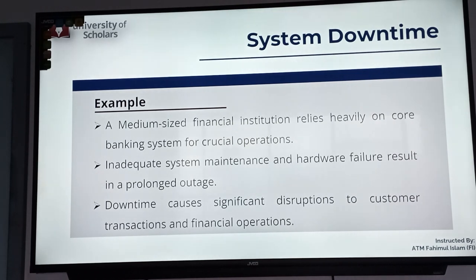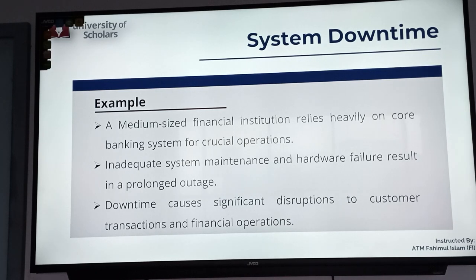Due to inadequate system maintenance and an unexpected hardware failure, the core banking system experiences a prolonged outage, meaning the system is down and not working, so no one can get information from the institution's website, or no employee can access the portal to get information or input data, leading to significant downtime.